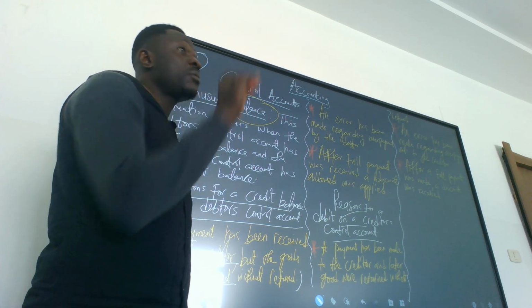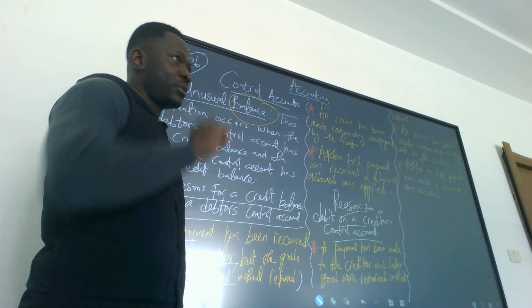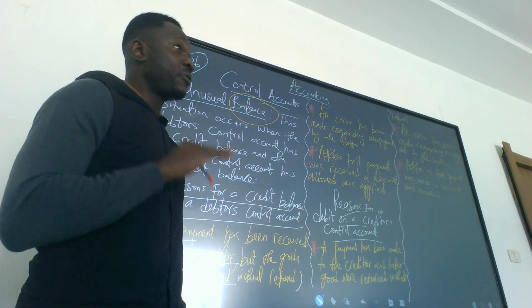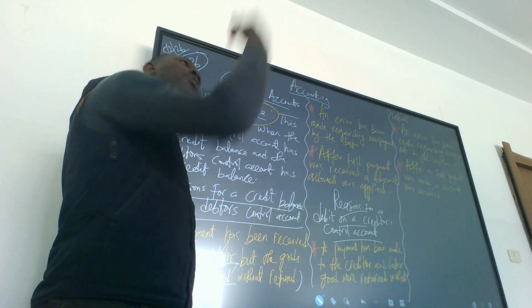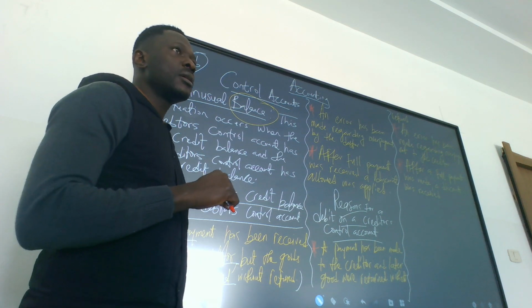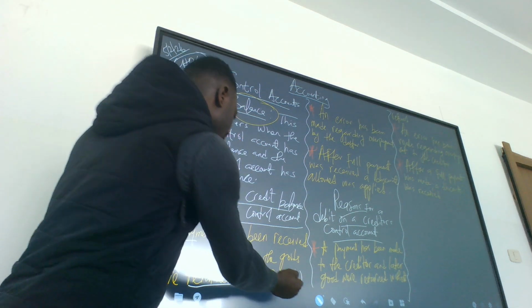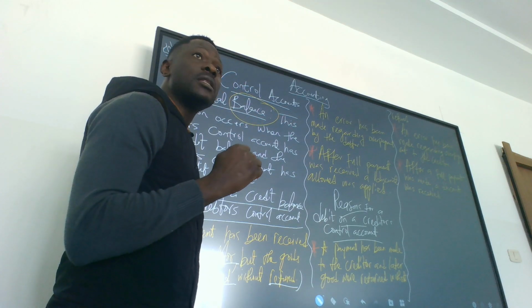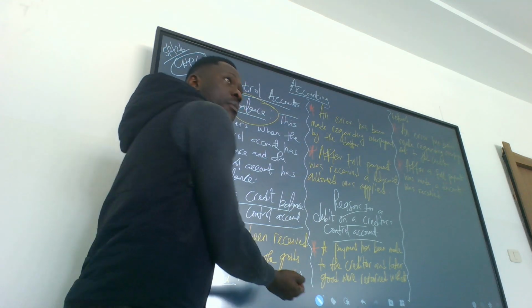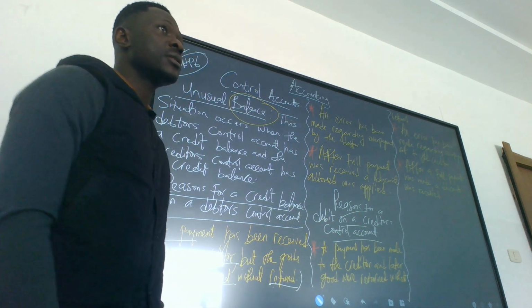Now your credit customer paid for the goods that they purchased from you. But some of the goods were returned by your credit customer to the business. You're supposed to refund them a certain amount of money for the returned goods. Yes or no? But you've not refunded them, which simply means you are owing your credit customers.